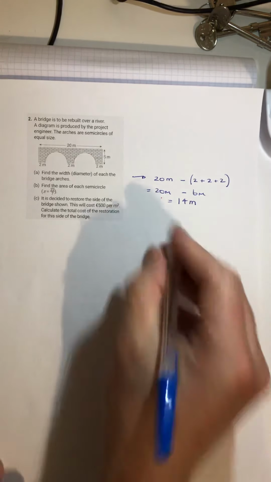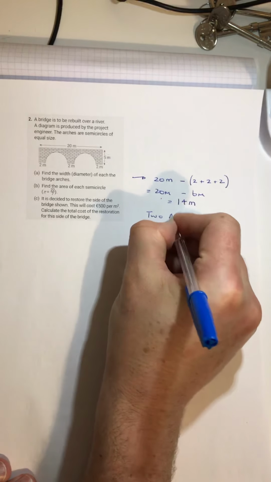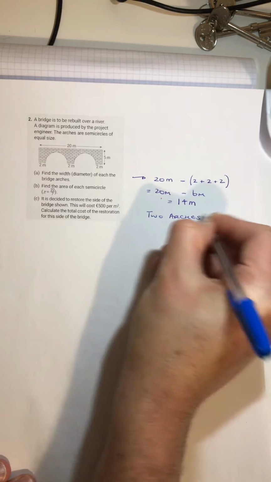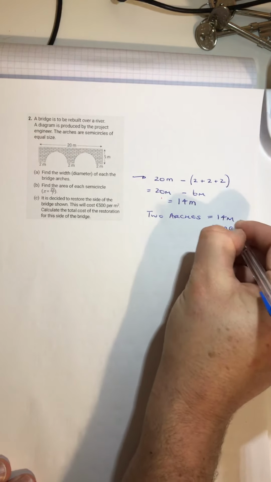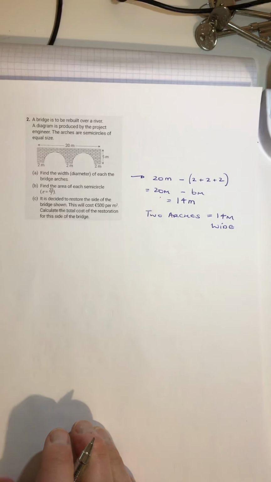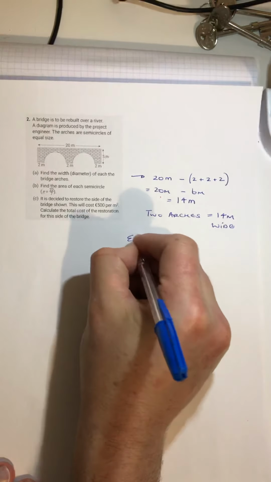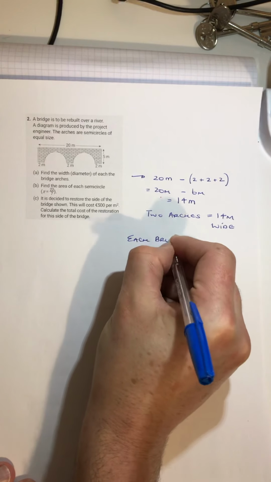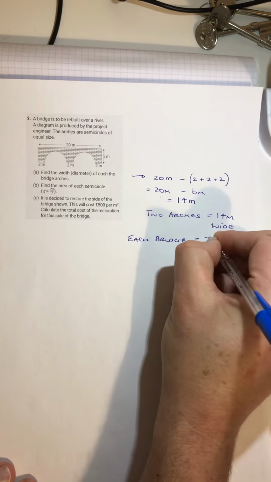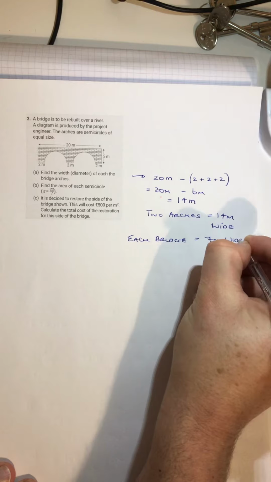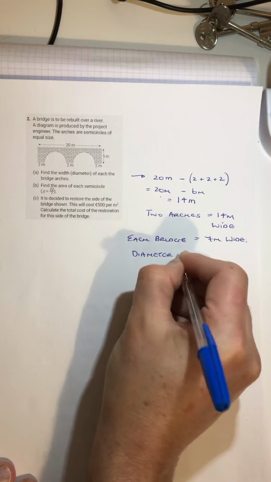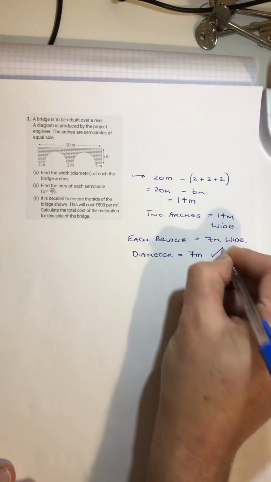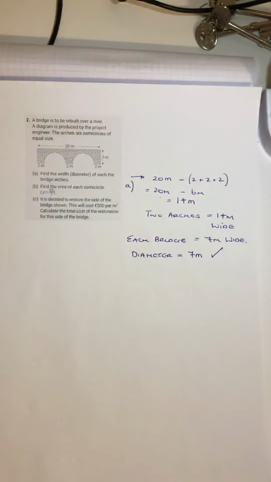So the two arches are equal to 14 meters wide. Okay? So that means that each arch is equal to 7 meters wide. So the diameter is equal to 7 meters. So that's part A. Okay? That's just problem solving.